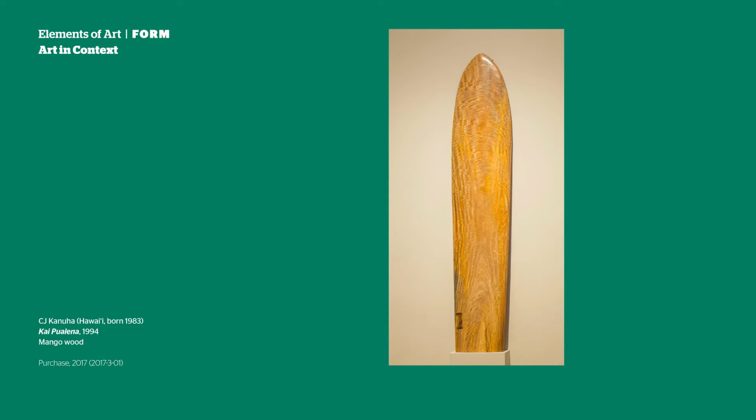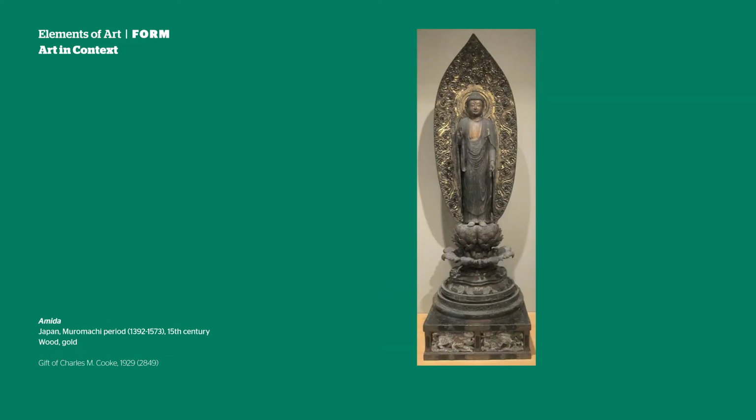Artists can use a few of the elements in an artwork, or they can use all of them. Each artist uses the elements of art in their individual way to make their own unique artworks.